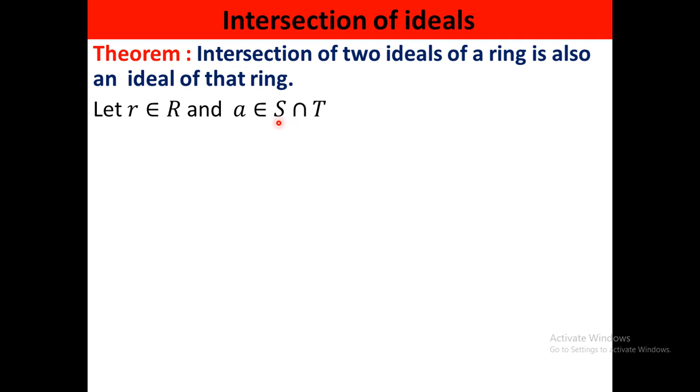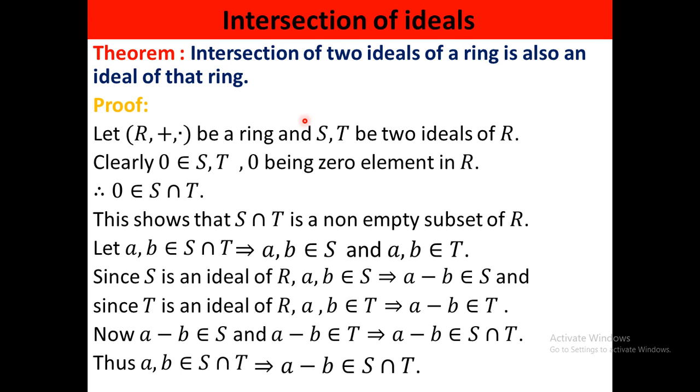That means a non-empty set. Actually, here we don't consider S intersection T as a subring, because the two conditions I use are applied on a non-empty set. For that purpose we consider S intersection T as a non-empty subset.